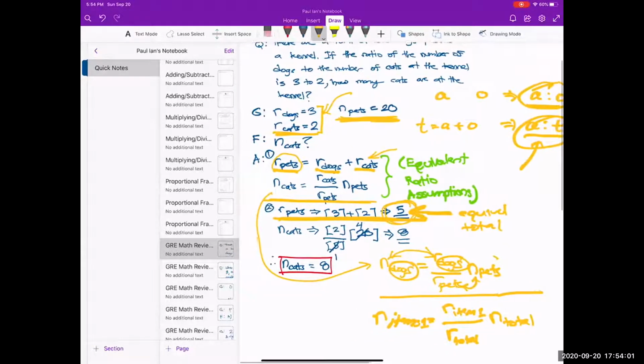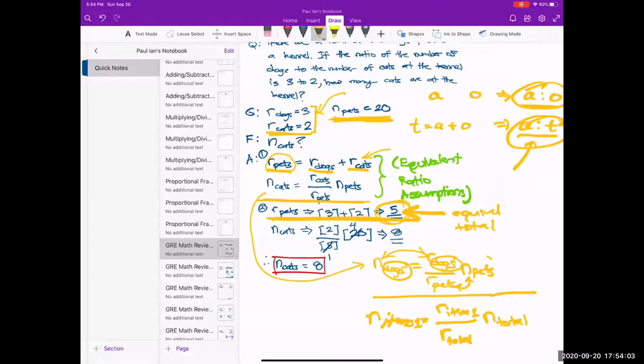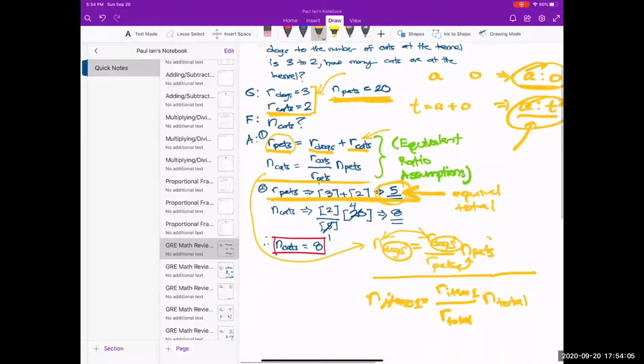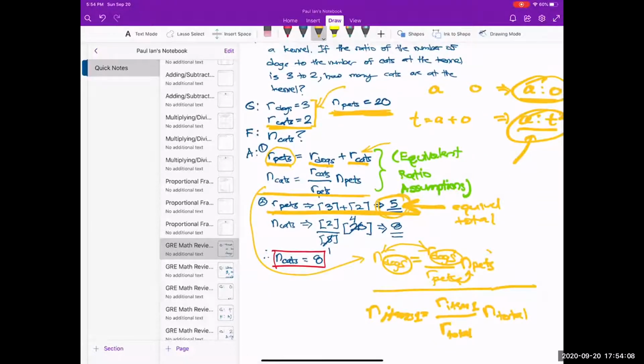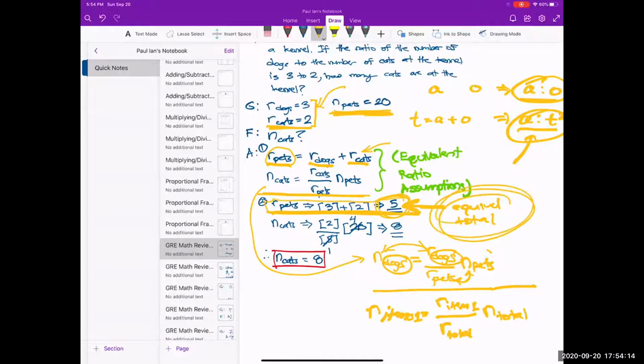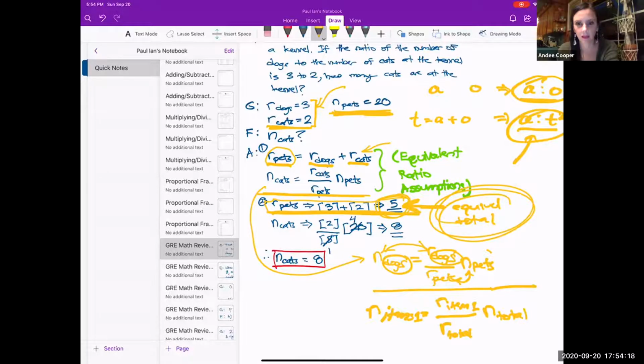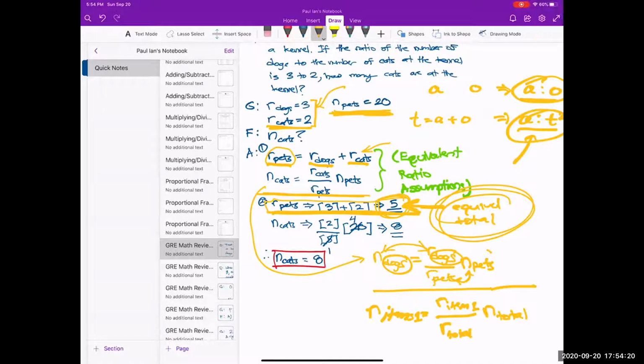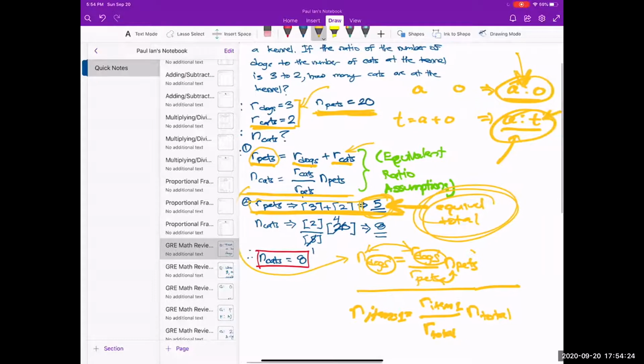But the key point here is never work with relative ratios, work with real ratios, which is like this equivalent ratio. That 5 that we got is a relative ratio, right? It's like an equivalent ratio. What I did here is comparing item by item instead of item to total.